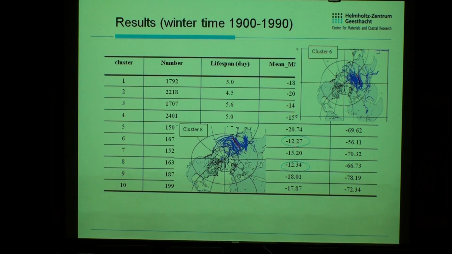The weakest are cluster 5, cluster 6 and cluster 8. You can see they are just developed on the land, so they are not so strong.